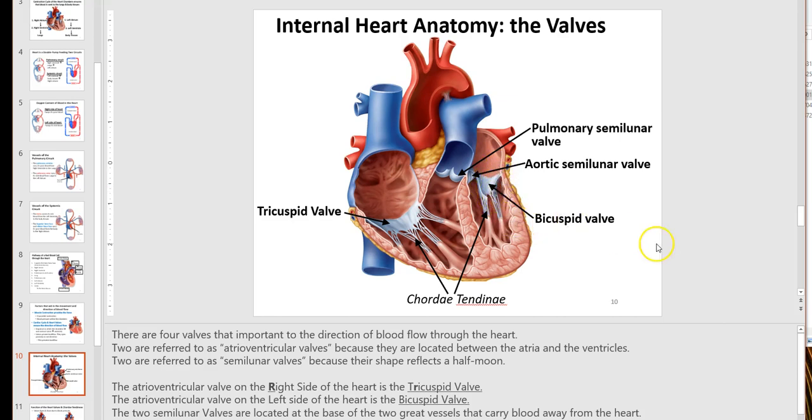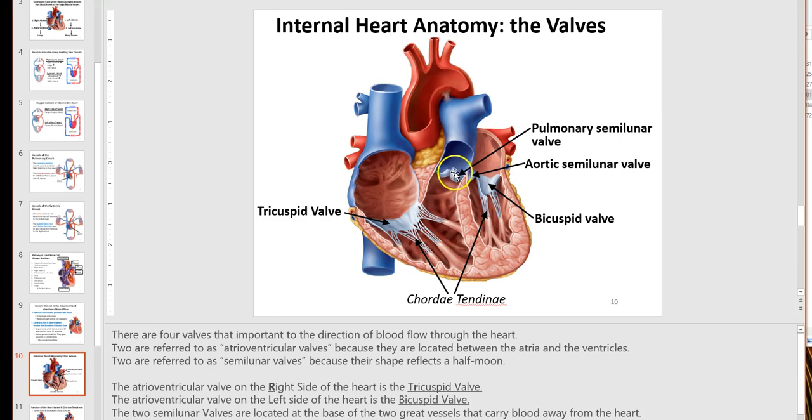You may have also heard the bicuspid valve called the mitral valve. So this is the left atrioventricular valve, also known as the bicuspid valve. They prevent backflow into the atrium when the ventricles contract.